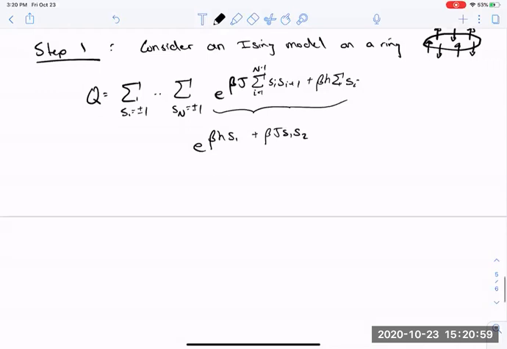I could try to look at the next term, that would be beta h s2, beta j s2 s3.